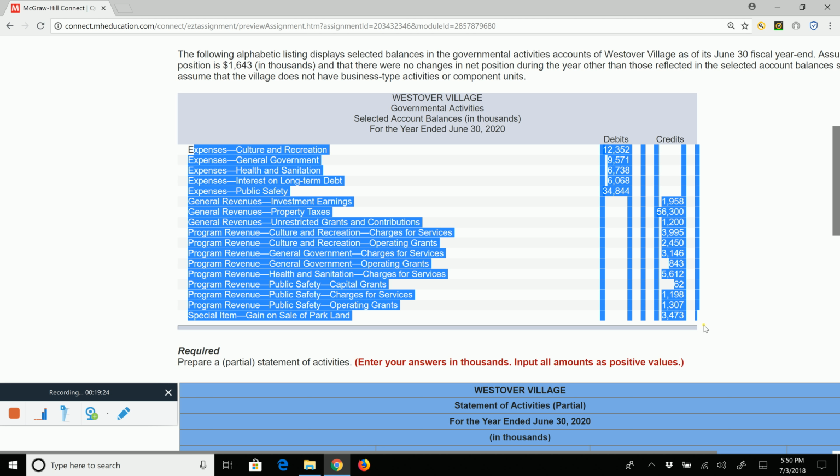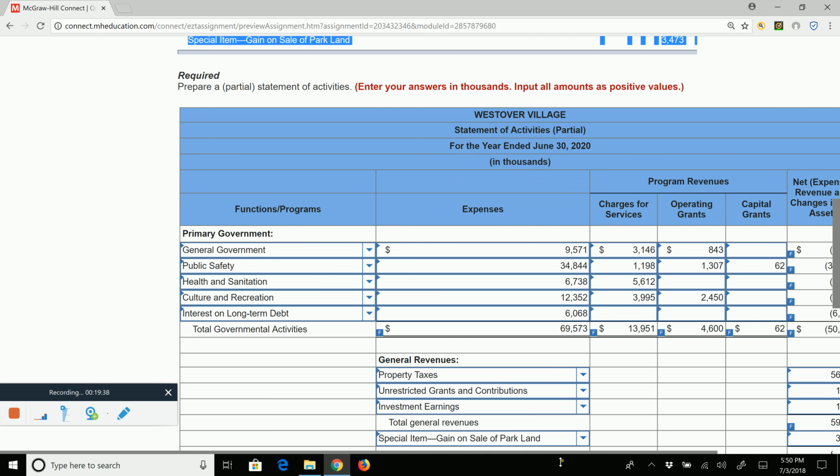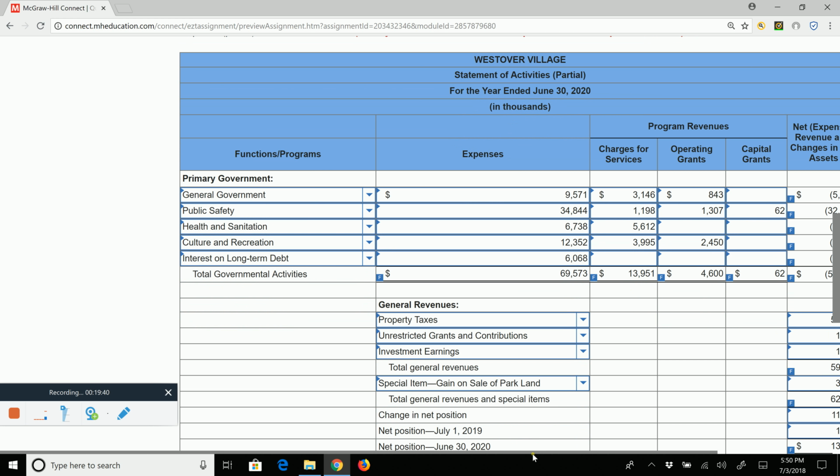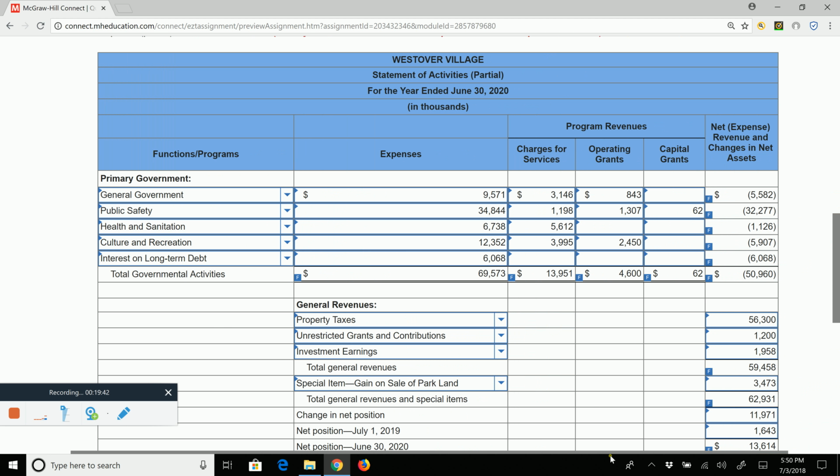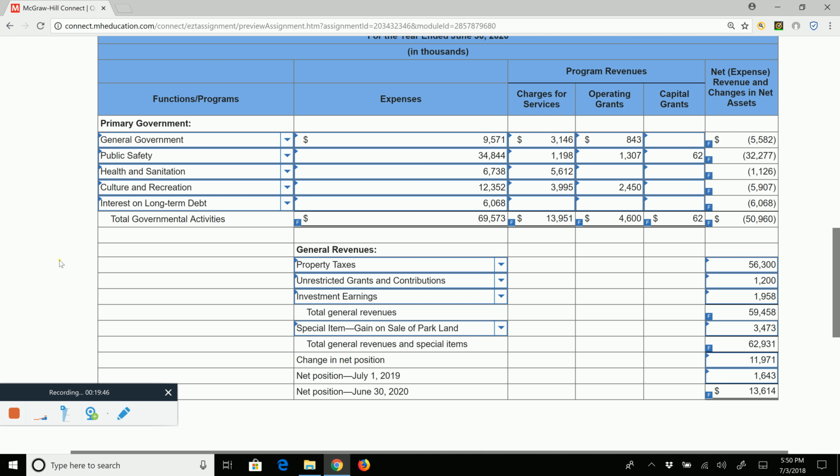We discussed that when we went through the details of this chapter. But for this homework problem, I just want to prepare the governmental activities. All right, and with the governmental activities, the government-wide statements, there's really 2 sections. We have basically a top section and a bottom section, and it works like this.